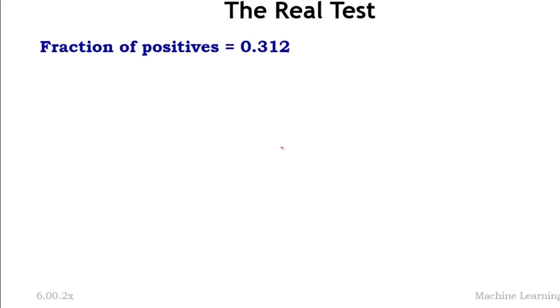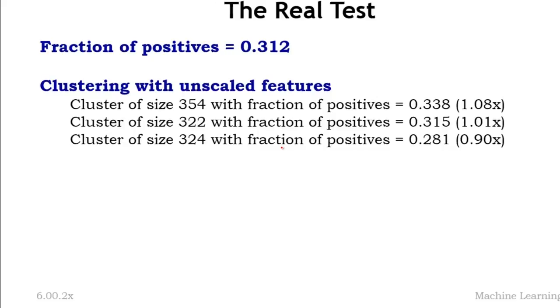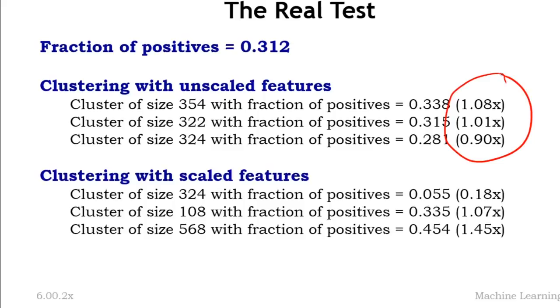You'll recall that the fraction of positives was about 31%, and that when we clustered with unscaled features, our odds ratios were all distressingly close to 1. However, when we cluster with the scaled features, things work much better. We've got this one small cluster of 108 patients where the odds ratio is again close to 1. But then we have two very nice clusters.